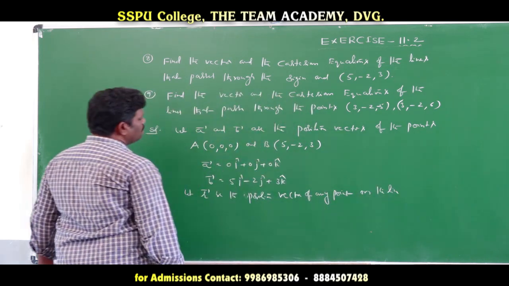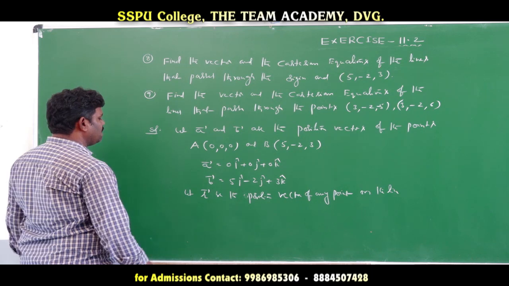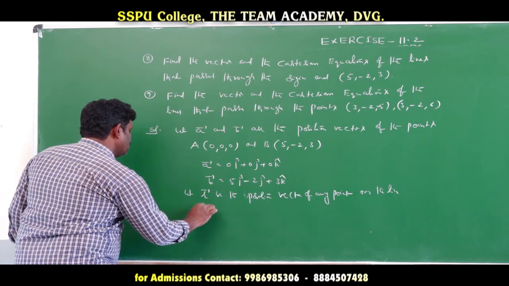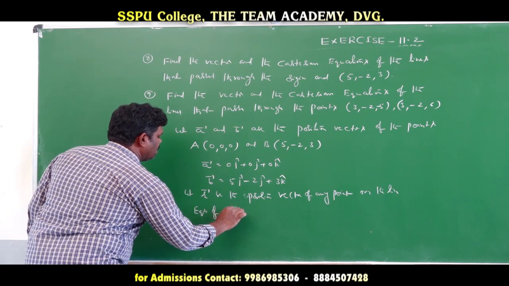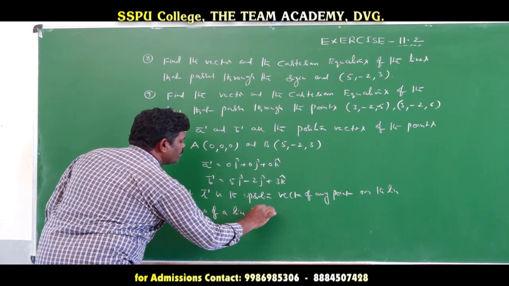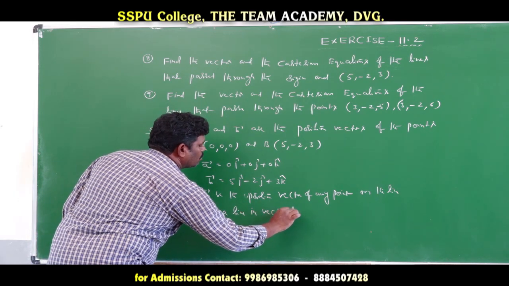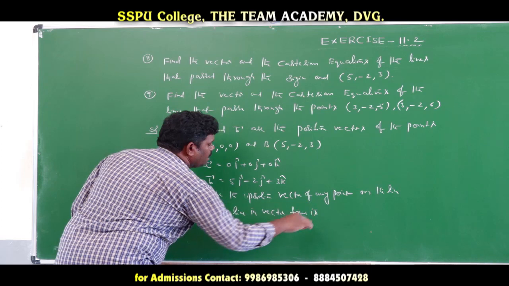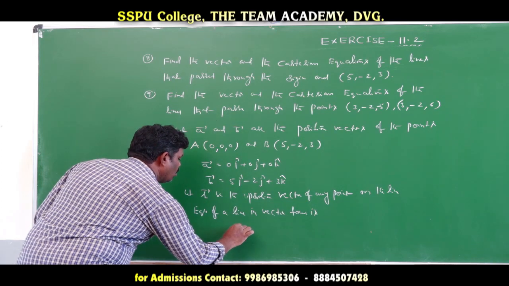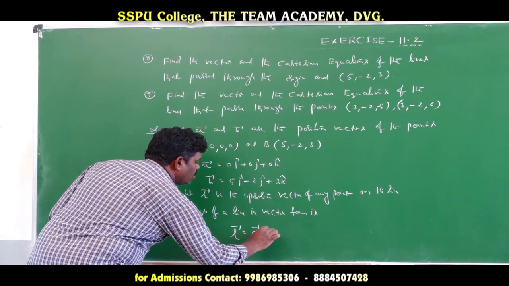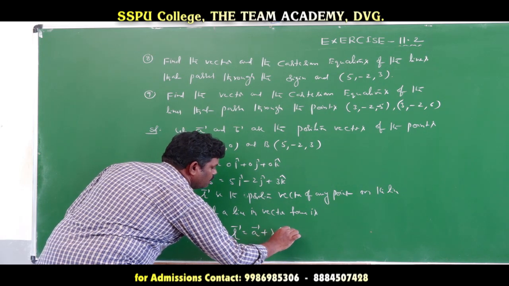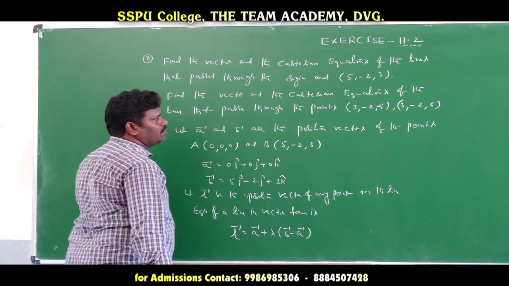So the equation of a line in vector form is r bar is equal to a bar plus lambda into b bar minus a bar.